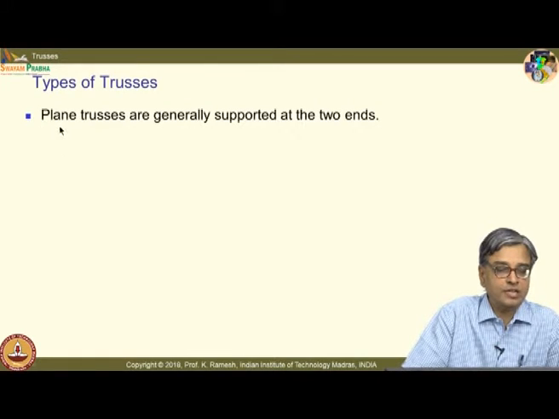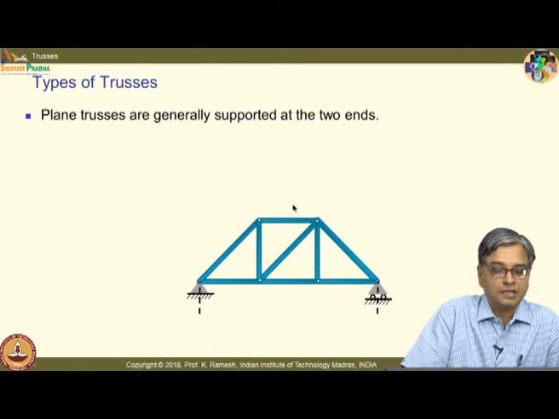And you should notice that plain trusses are generally supported at the two ends, and I have a support like this. It is a symbol, and you should be able to interpret this symbol correctly. What is the symbol? This is a pin joint, and how is it supported on the other end?